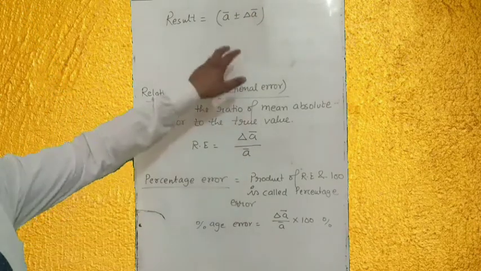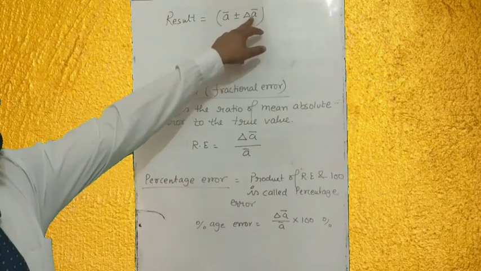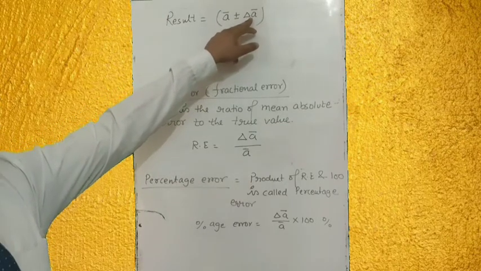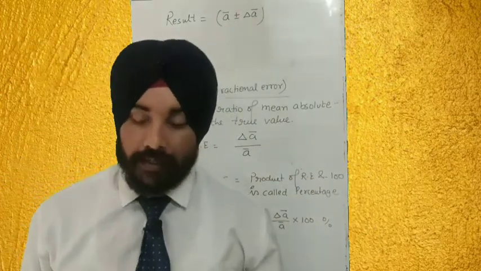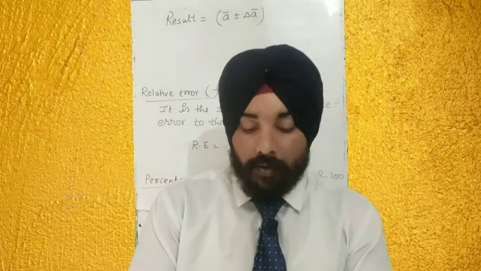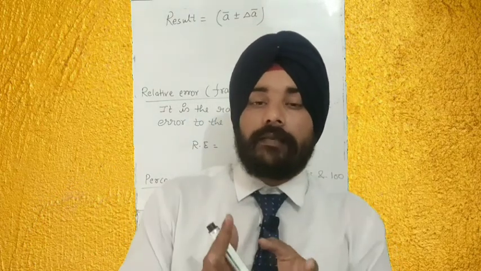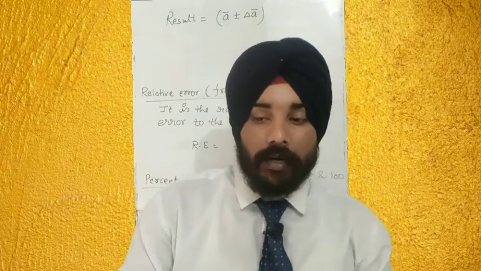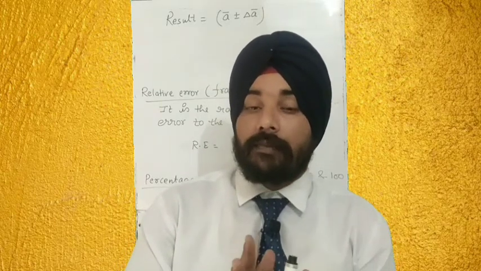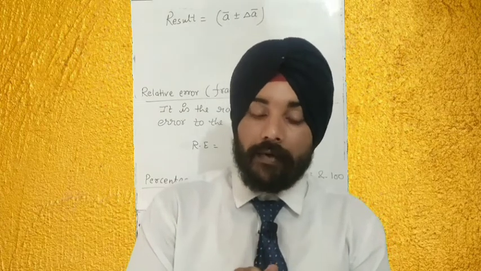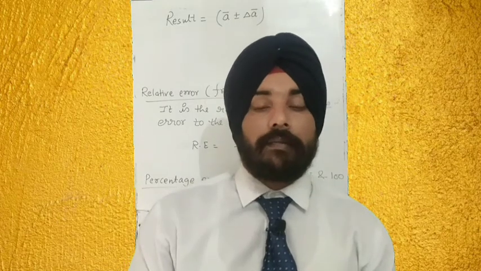So a value can vary with the addition of this or with the subtraction of this. I'll explain with an example. Say we are going to purchase a convex lens and I need a convex lens of 10 centimeter. I will not ask the shopkeeper to give a lens of exactly 10 centimeter. I'll ask him, give me a lens of focal length 10 plus or minus 0.5 centimeter.